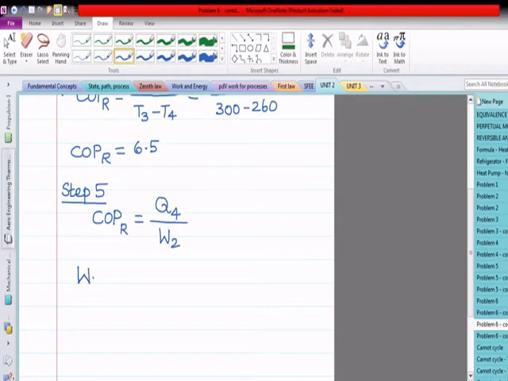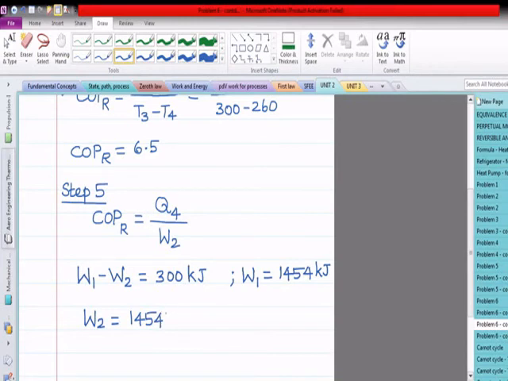We know that W1 minus W2 is equal to 300 kilojoule, and we have already determined the value of W1, that is the work output of the heat engine, as 1454 kilojoule. So now I can find the value of W2 from the above two values.